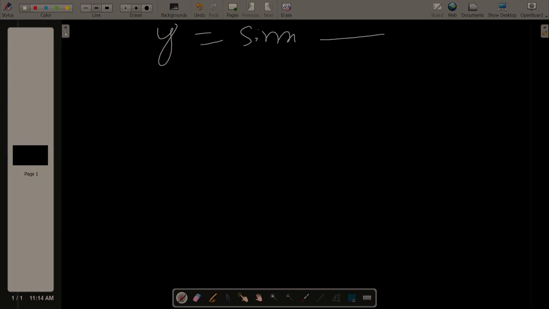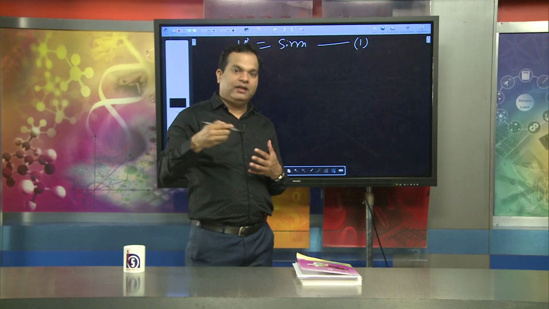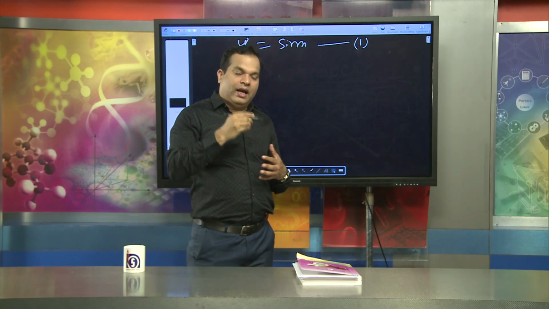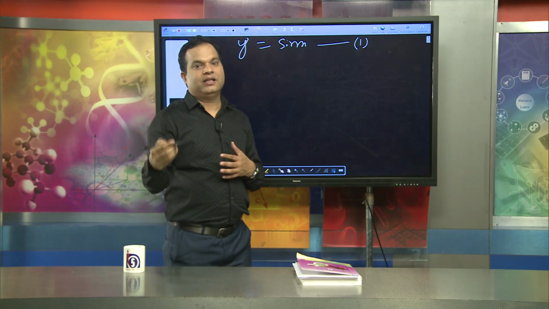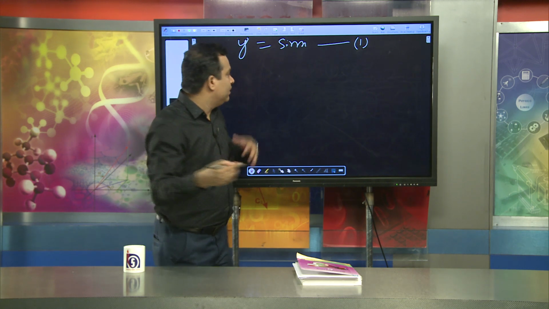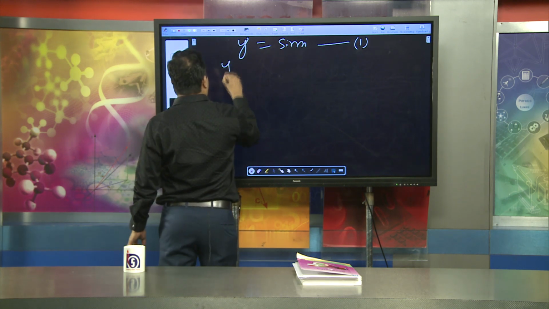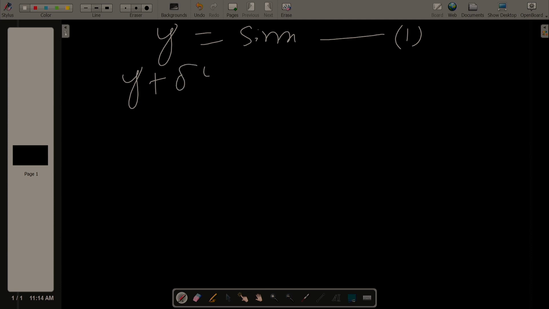Suppose this is equation 1. Let del y be the increment of y, and its corresponding increment of x is del x. Now I can write y plus del y equal to sin of x plus del x. This is equation 2.